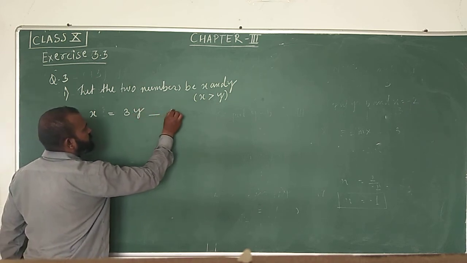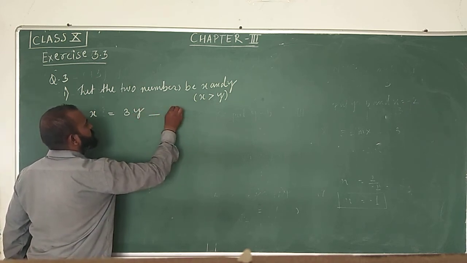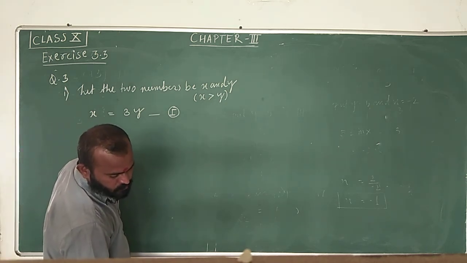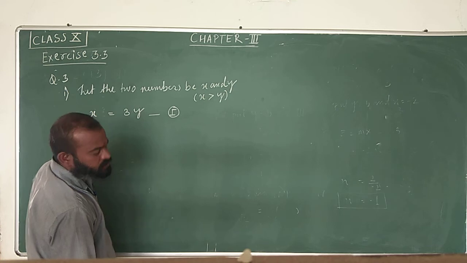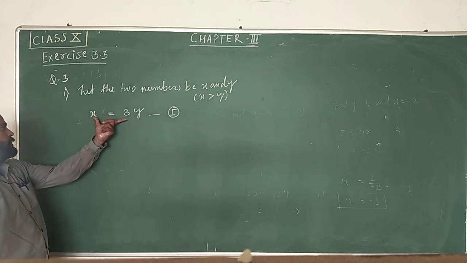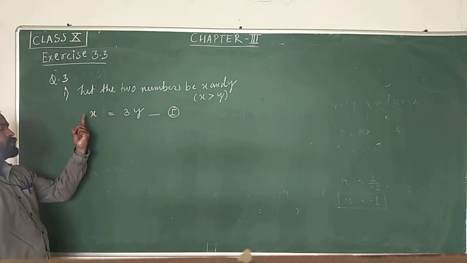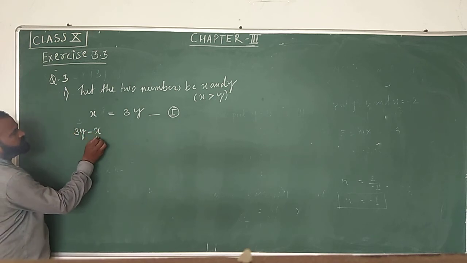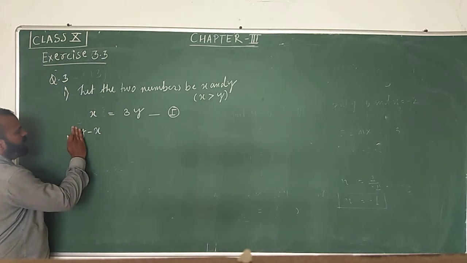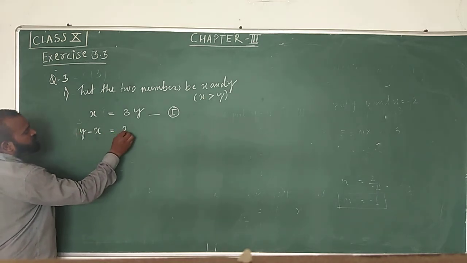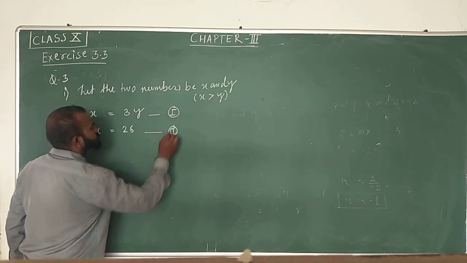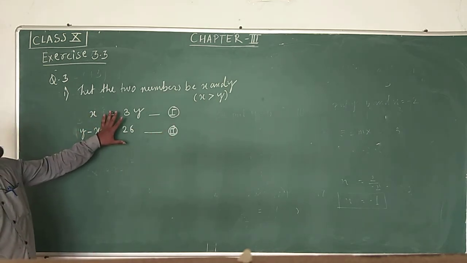This will be the first condition, and the second condition is that the difference of the two numbers is 26. For the difference, we subtract the smaller from the bigger. So here we write x minus y equals 26. Equation number 2.